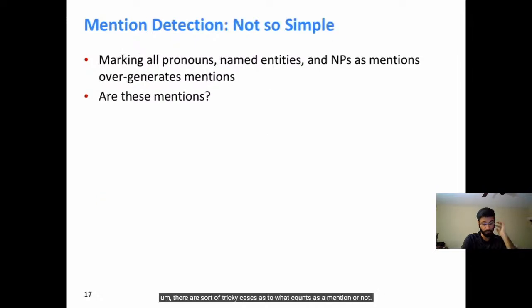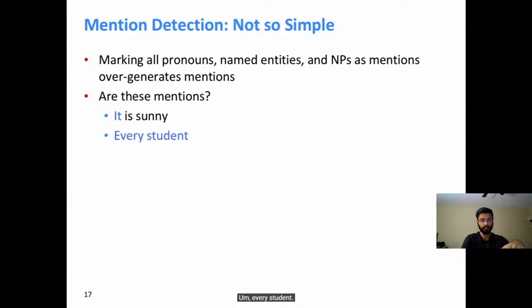There are tricky cases as to what counts as a mention or not. So if it's, it is sunny, is it a mention of something? It seems like it's not really. It seems like it's an it that you stick at the start of the sentence that doesn't mean anything. So that's maybe not a mention. Every student, is every student a mention?